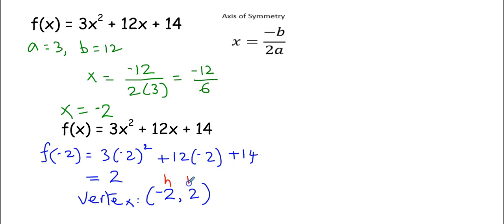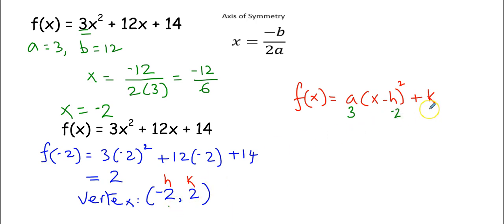This is h and that is k. Go to the formula of vertex form of a quadratic function: f of x is equal to a times x minus h whole square plus k, where a is equal to 3. I'll replace 3 for a. H is negative 2, we have to be careful here, and k is positive 2.